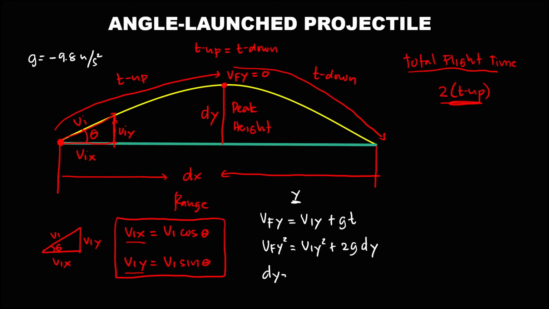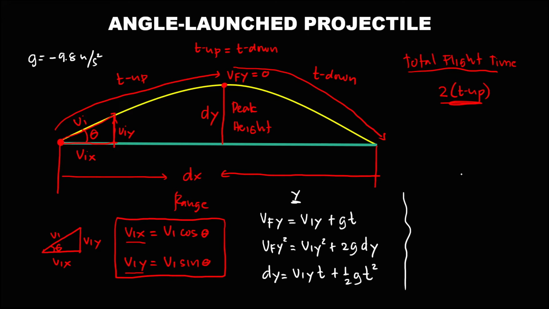Then to solve for dy, we have the initial velocity for y times the time plus 1/2 times the gravity times time to the power 2.